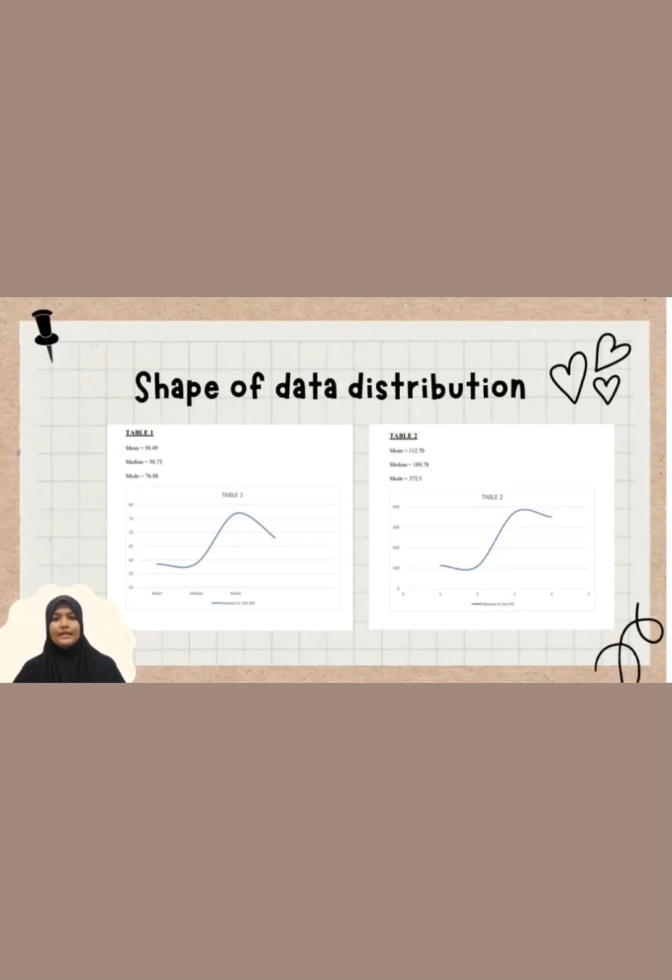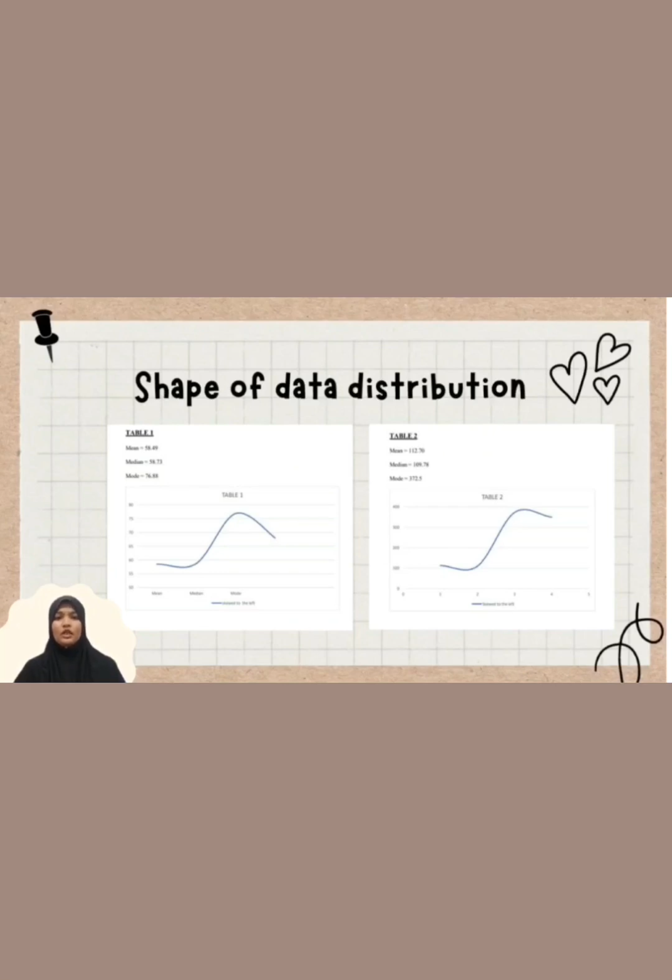Shape of the data distribution. In table 1, the mean is 58.49, median 58.79, and mode 76.88.